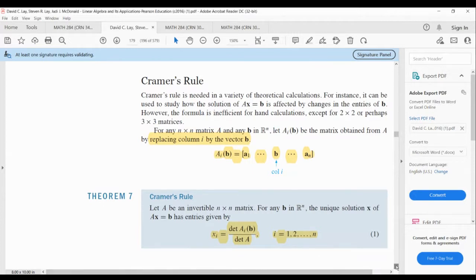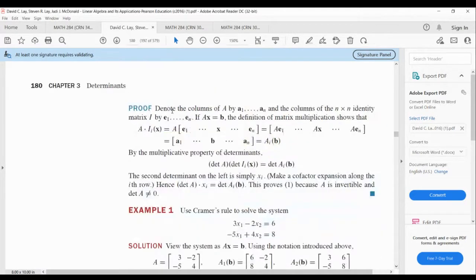So I'll go to the next page here. What we want to do is denote the columns of the matrix A by those column vectors a1, a2 up to an, and the columns of the identity matrix by the unit vectors e1, e2 up to en. That makes sense, because we know that, for instance, let me just go to the blackboard here.